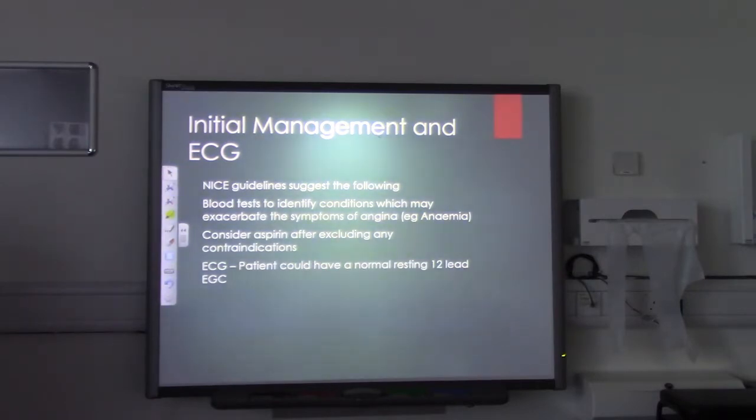Aspirin, often our patients are given 75 milligrams of soluble aspirin. That is to try and reduce that platelet aggregation, which is the initiating factor in the development of atherosclerosis.